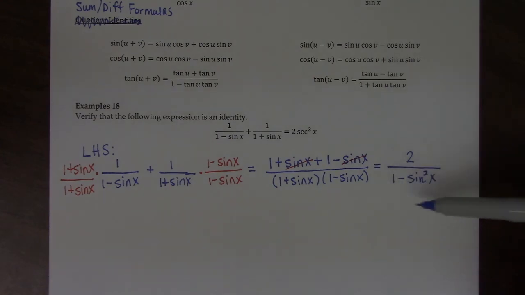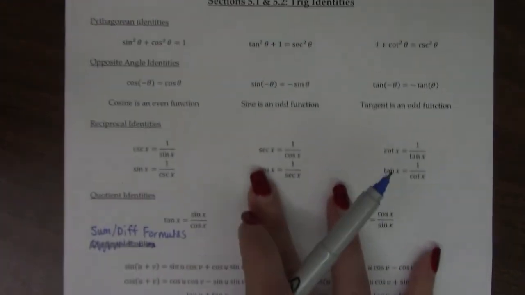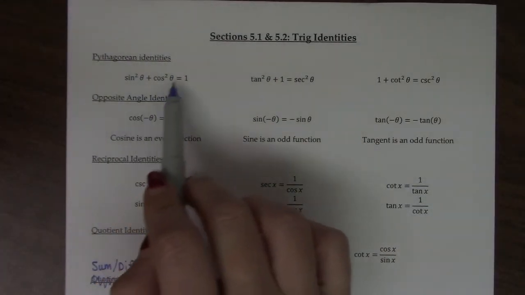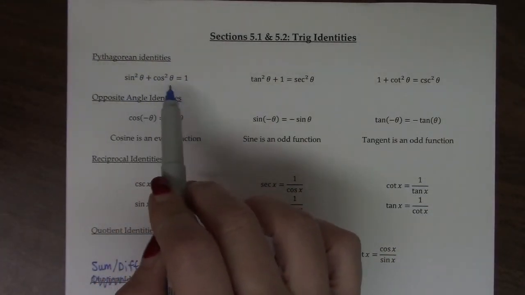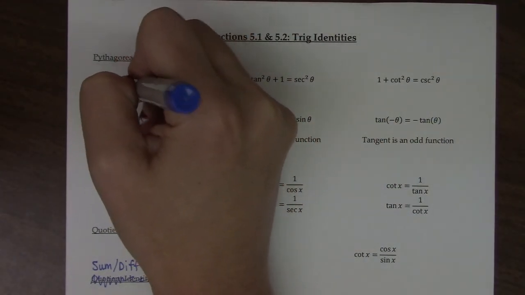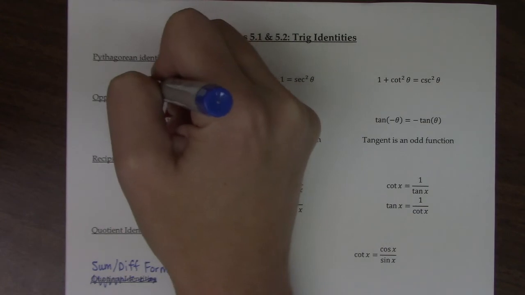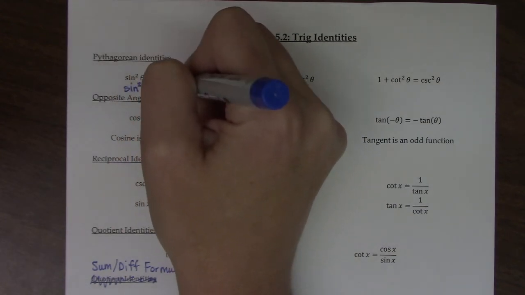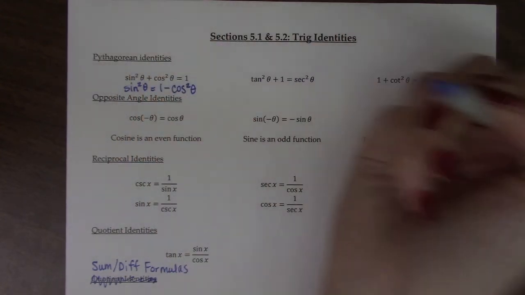But the sine squared really stands out to me. If I go back up and look at my identities, I actually have an identity involving sine squared. If I take this one and solve it for sine squared, I get 1 minus cosine squared.